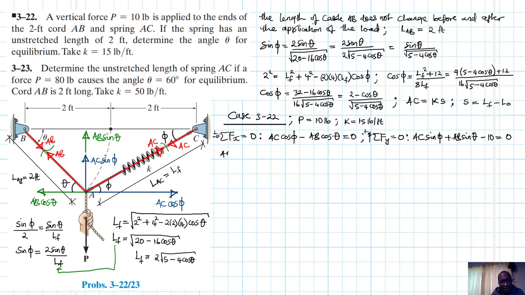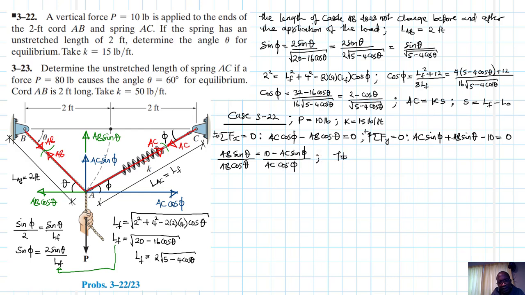We can write this as AB sine theta is equal to 10 minus AC sine phi. Then we divide this by the corresponding equation, AB cos theta, and this by AC cos phi.